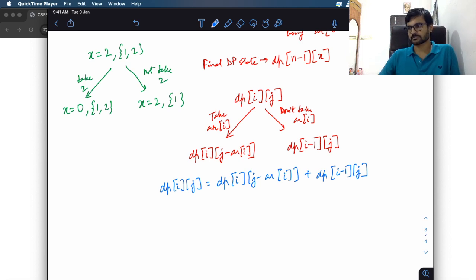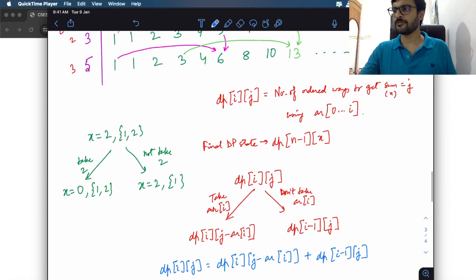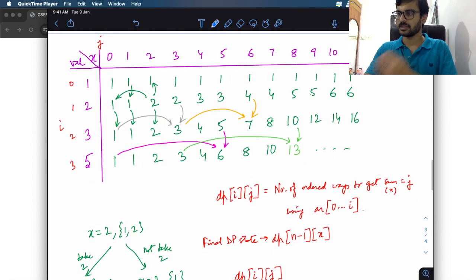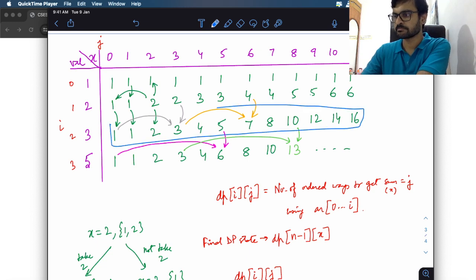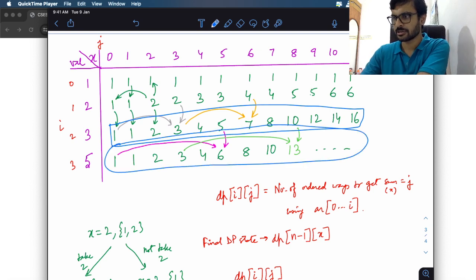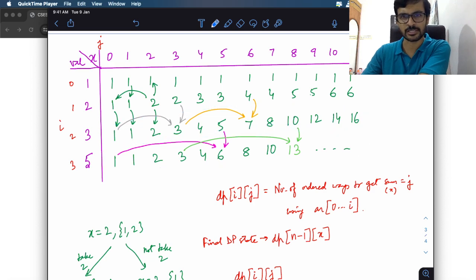Now, taking it one step ahead, if I don't store the previous row, when I come to the next row, do I need the previous row or not? That is one question we always ask.